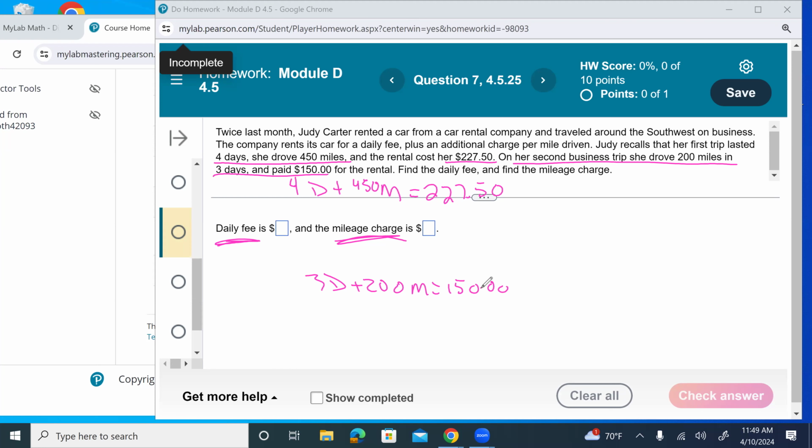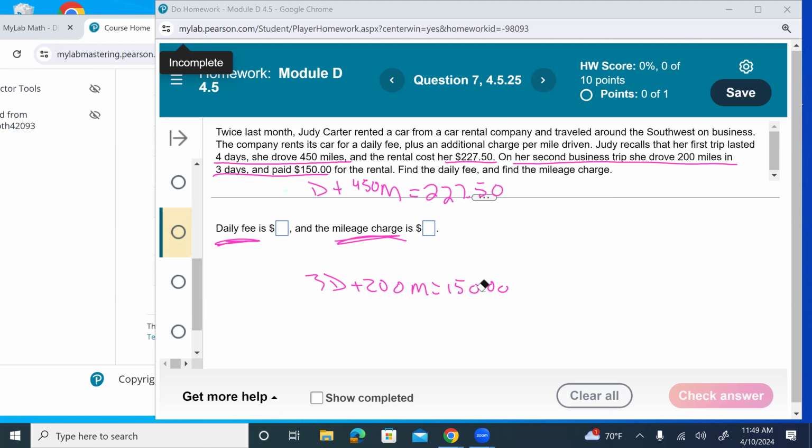Now if I was going to solve this by substitution, would either of these look like a good candidate? No. But let's just say it was only 1 day and 450 miles, and it cost you that much money. Then what would you do?